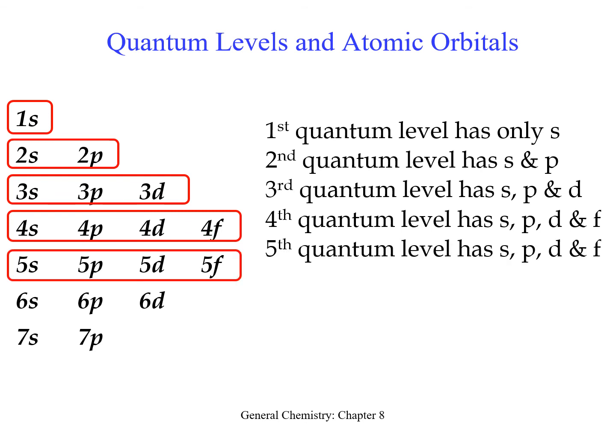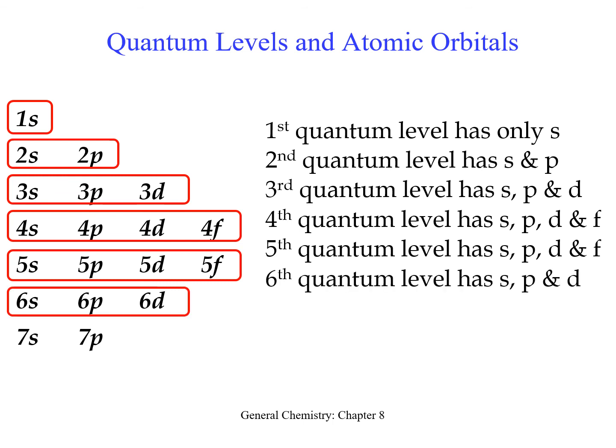5 looks just like 4, and then as we start to go up again in energy away from the nucleus, we have the 6th quantum shell, where we drop off the f orbitals. Look at the bottom of your periodic table right now. At the bottom, you will see the lanthanides and the actinides, and the lanthanides are the 4f subshell, and the actinides are the 5f.